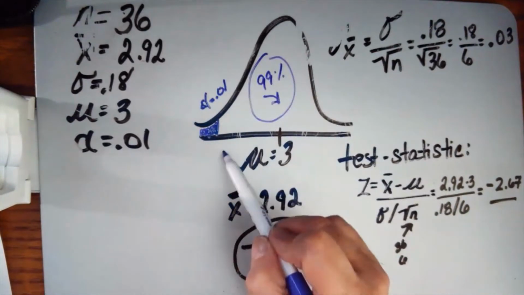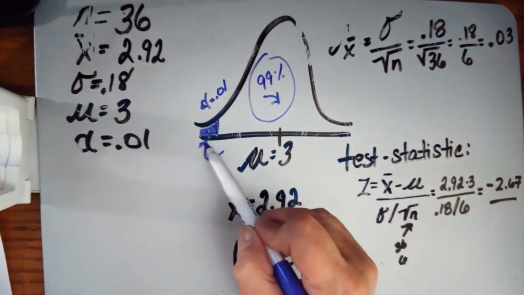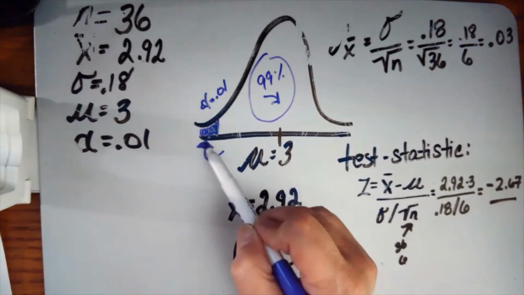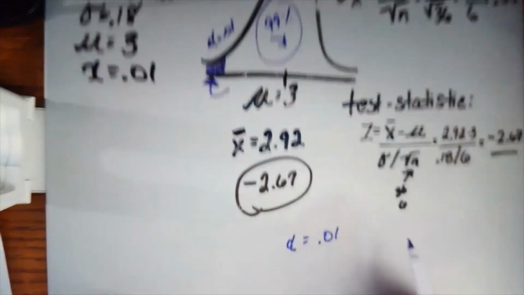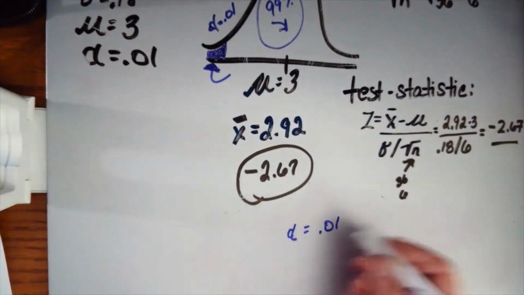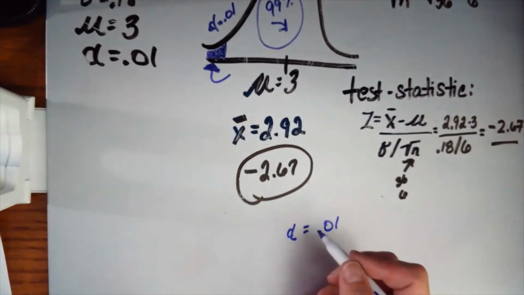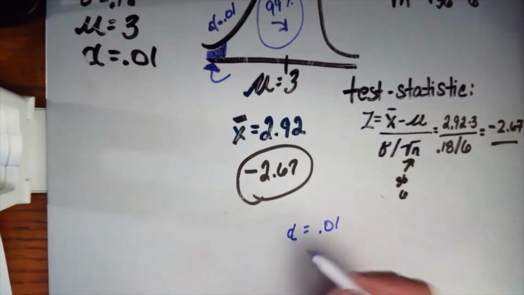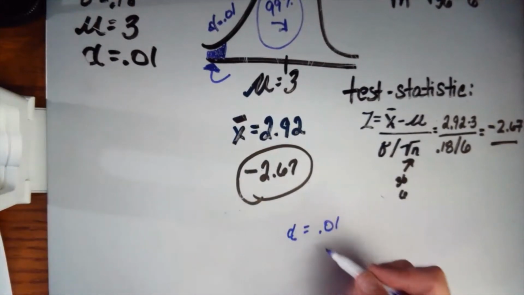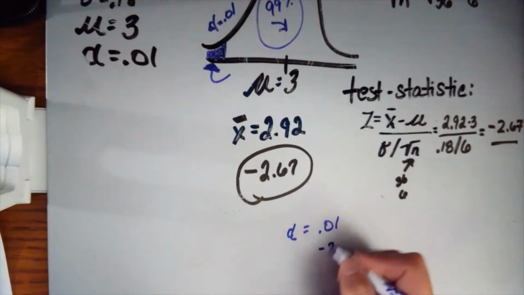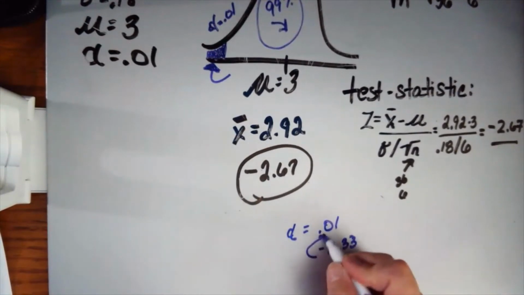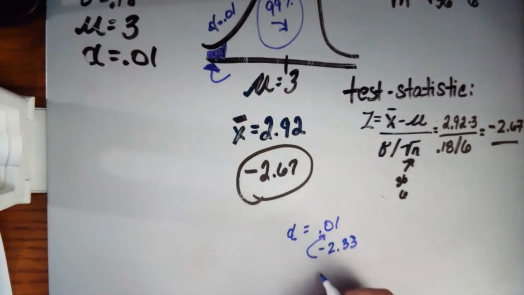So what we're testing is to determine whether it's falling lower than our critical value. For this rejection rule, we're going to look at the probability that's associated with our negative 2.33, which is this value right here, and our test statistic.